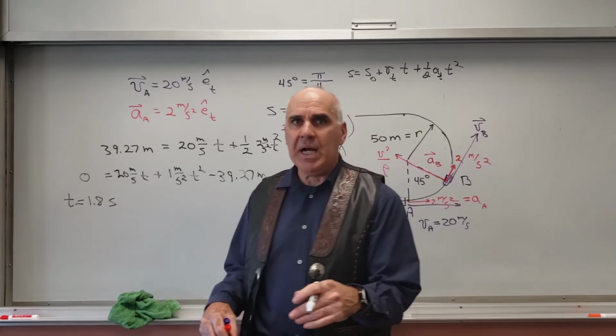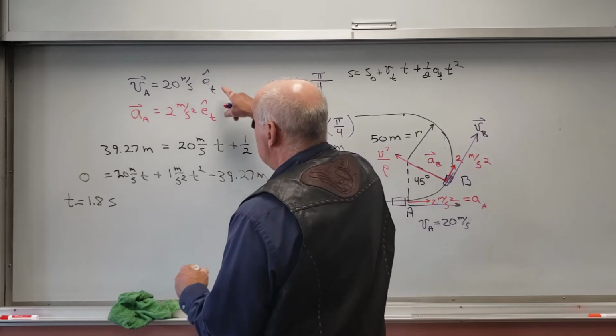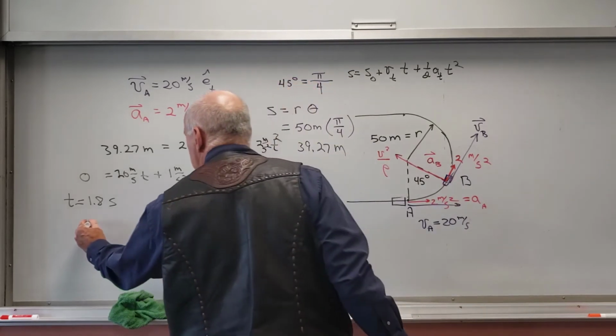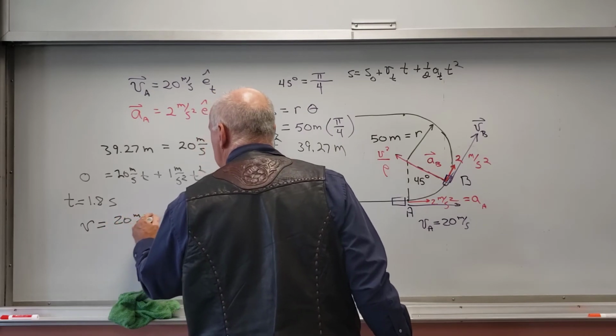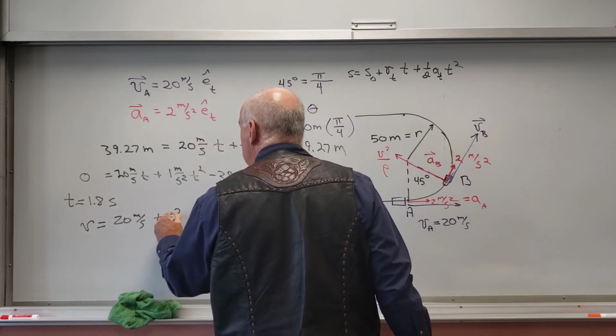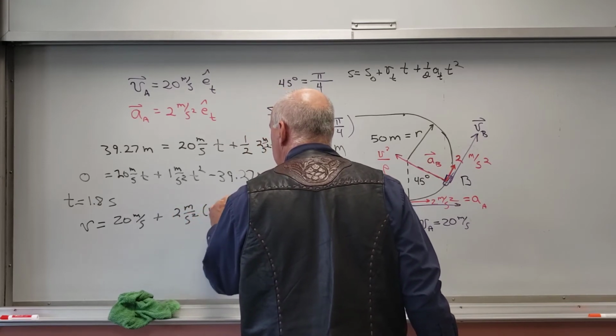Well, if I keep that in mind, then I can figure out my speed after that 1.8 seconds. I started off at 20 meters per second, so my speed equals 20 meters per second plus 2 meters per second squared times 1.8 seconds. Right?